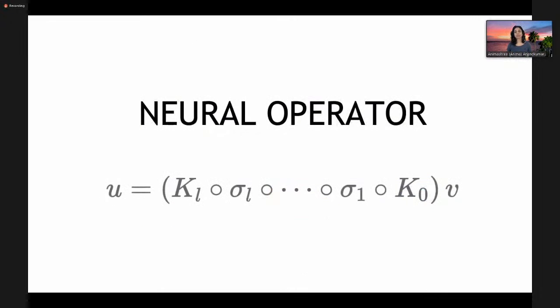So the notion of neural operator, what we will see is, similar to a standard neural network, right? You have a composition of many linear layers with nonlinearity. So sigmas are some nonlinearity, and these K are certain linear operations, right? In a standard neural network, the linear operation is some matrix multiplication with a finite size layer.